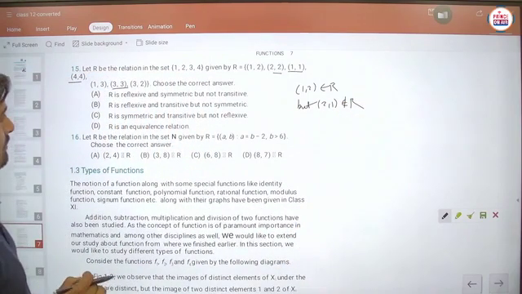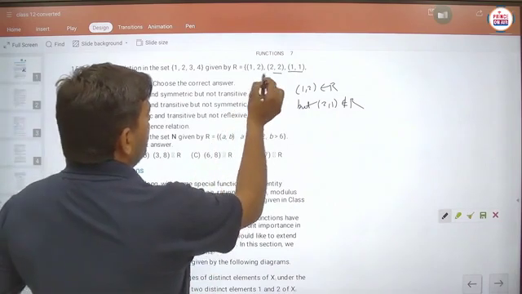Next, transitive. We take (1, 2) and (2, 2).